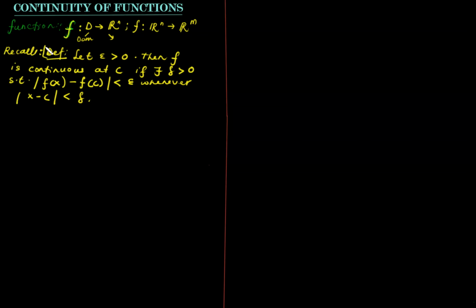So this is the definition you probably already know, you have been working with, and you are definitely going to use it going forward. So what happens if it is discontinuous?